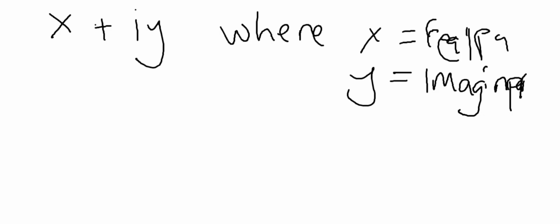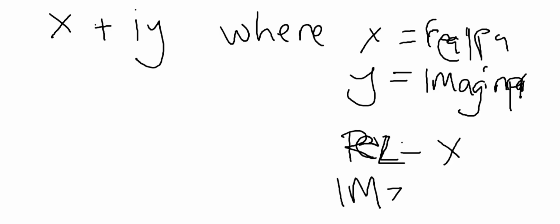These are the terms that you should master and know by heart. So in this case we are saying that x is the real part and y is the imaginary part.